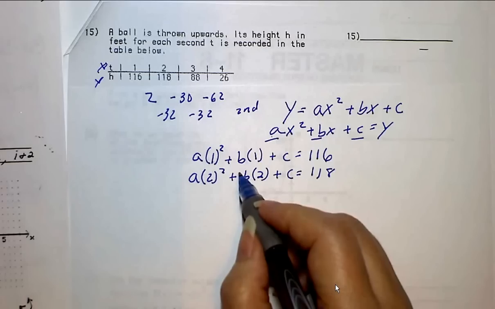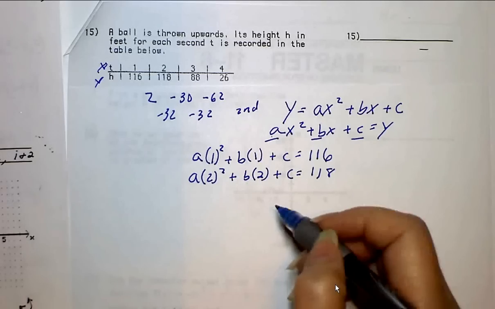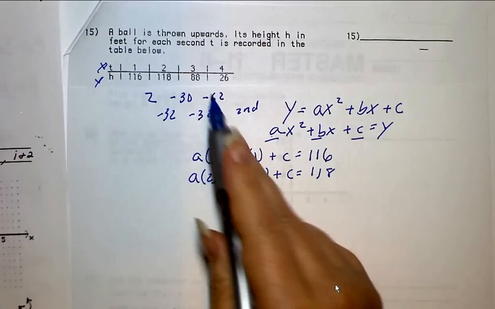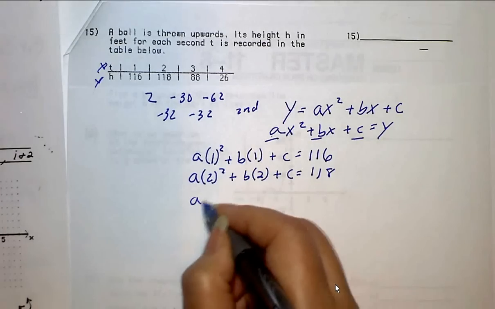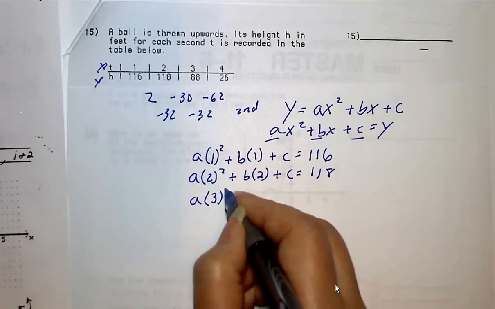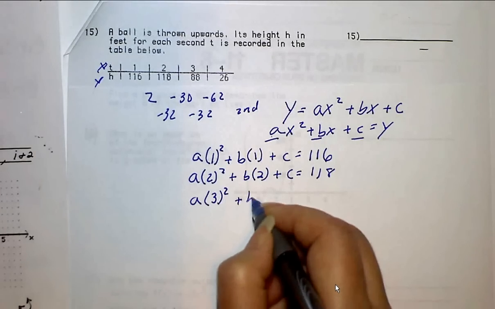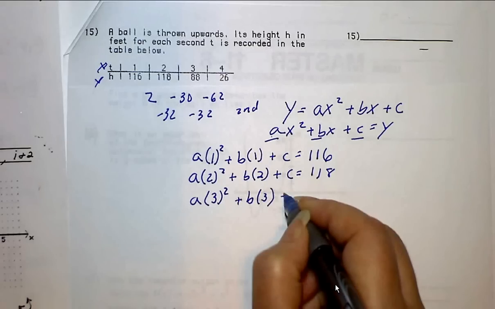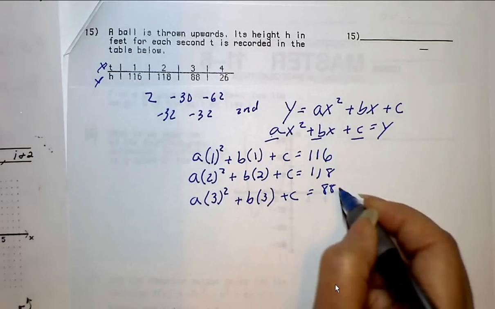Alright, so then I'm going to take my 3. So I have a 3 squared plus b 3 plus c is equal to 88. So let's clean this up again.